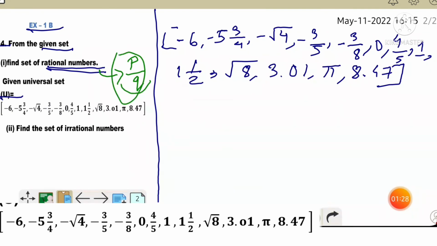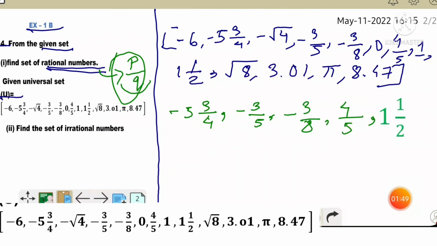So first, let's see, in the form of p by q, the rational numbers are -5 3 by 4, -3 by 5, -3 by 8, 4 by 5, and 1.5. All these numbers are the rational numbers which are in the form of p by q.